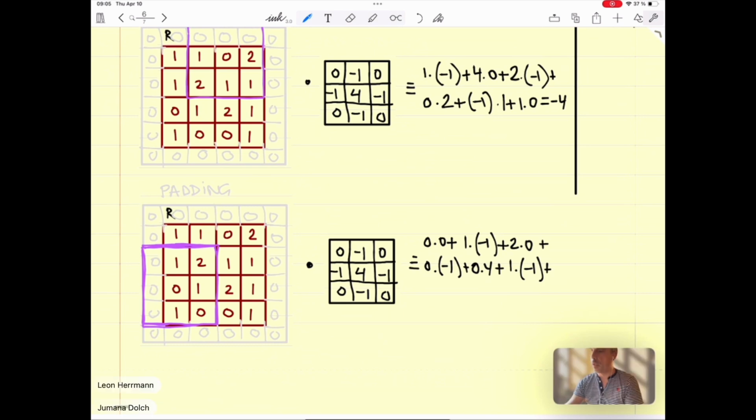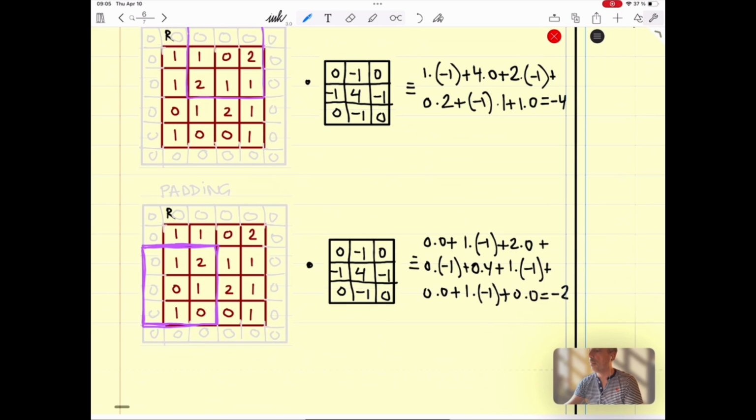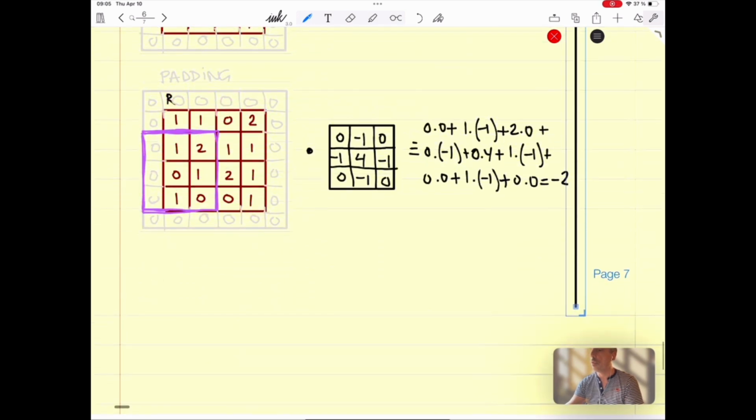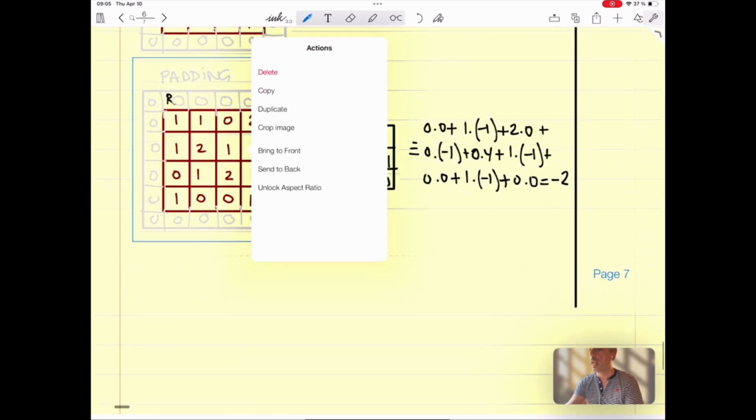So 0 times 0 plus 1 times minus 1 plus 0 times 0. If we do that, we get a minus 2. And then, David, stay with me again. We just finish our example. So what's the next step?